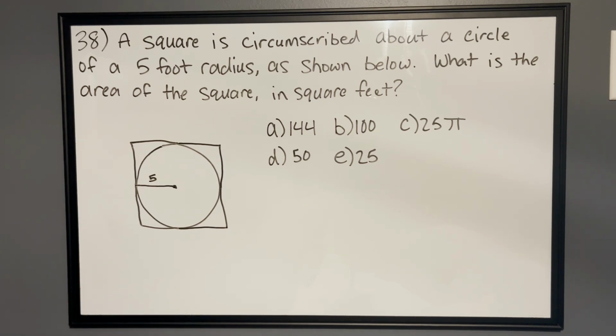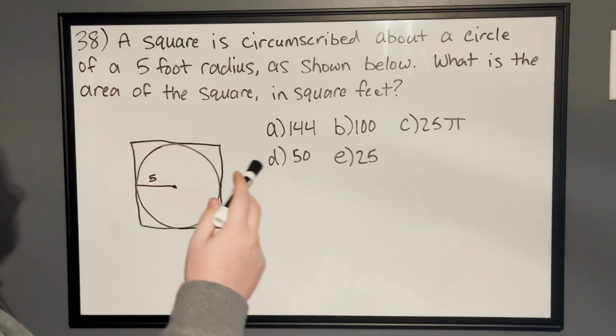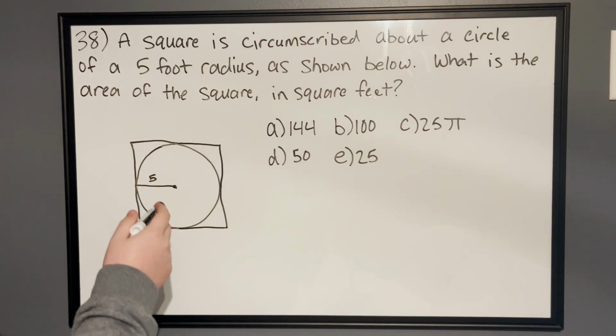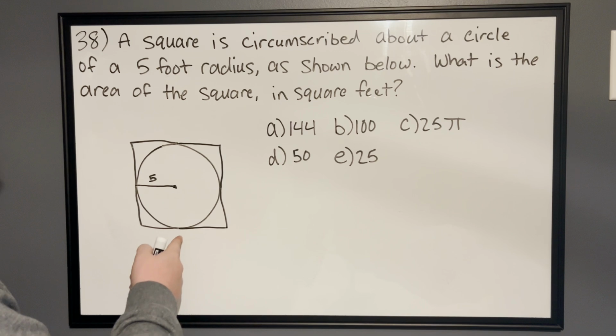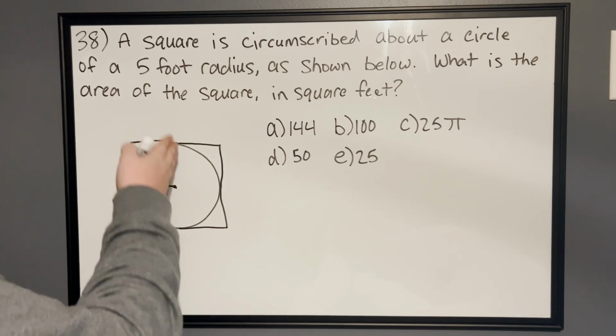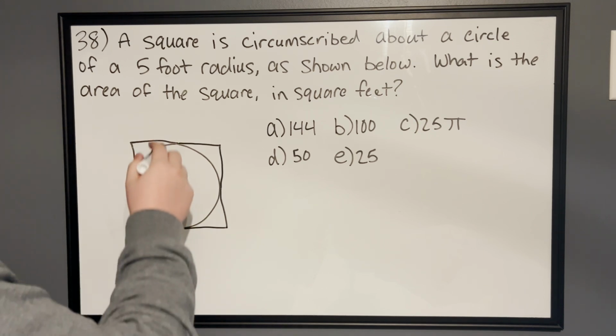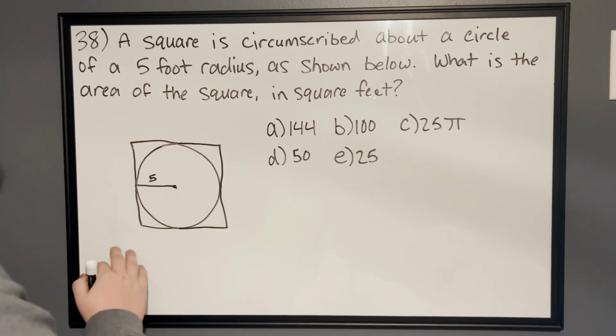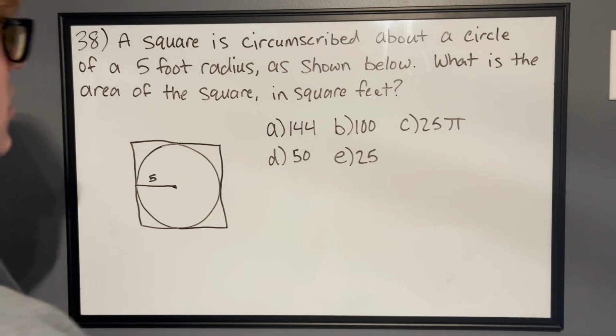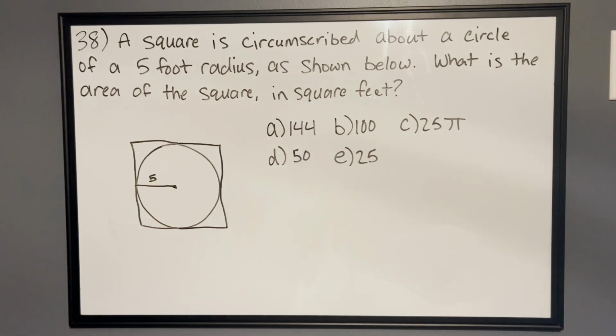So we know if a square is circumscribed about a circle, that means that this distance right here is the same in the circle and the square because they're touching at point to point. So we know the diameter of the circle is the same as the side length of the square. So if we have the radius that we know is equal to 5, then the diameter is equal to 10.